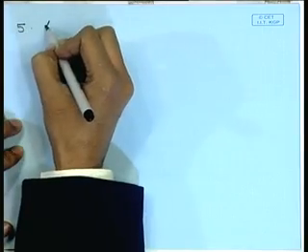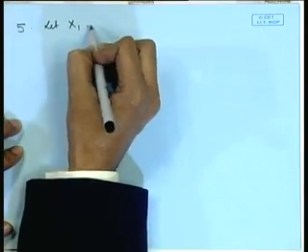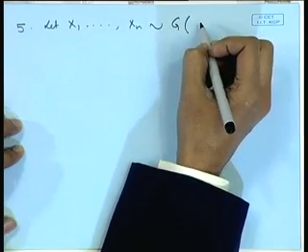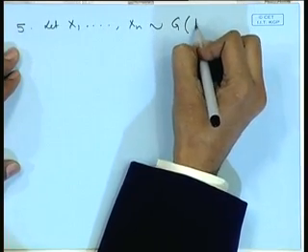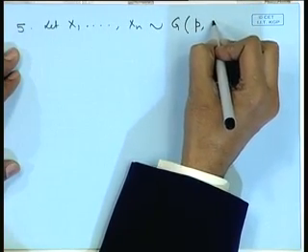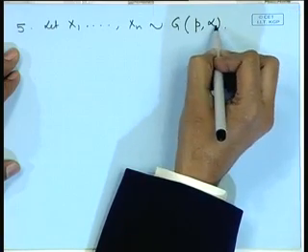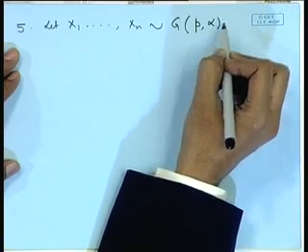Let me take one more example here. Let x1, x2, ..., xn follow gamma distribution, and I will consider a 2-parameter situation, gamma(p, alpha), where p is the shape parameter and 1 by alpha is the scale parameter.